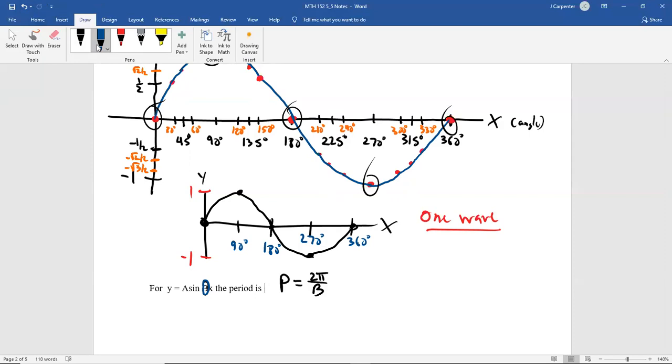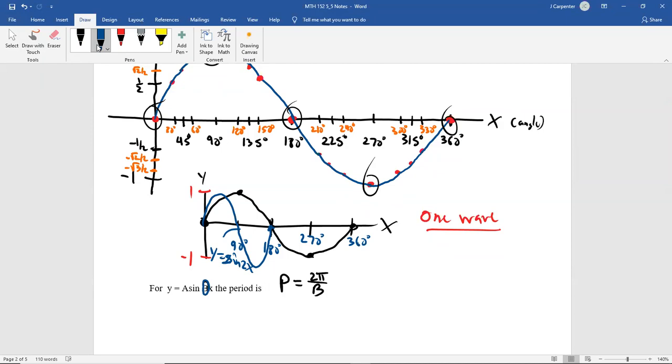For instance, if this was a 2, what would happen is you would go up to 1 and back down to 0 by the time you hit 90 degrees, and then you go down to -1 and back up to 0 by 180 degrees. This blue one right here, and I'm going to erase this, I'm just giving you an idea, that's y equals the sine of 2x. It's making it go twice as fast.